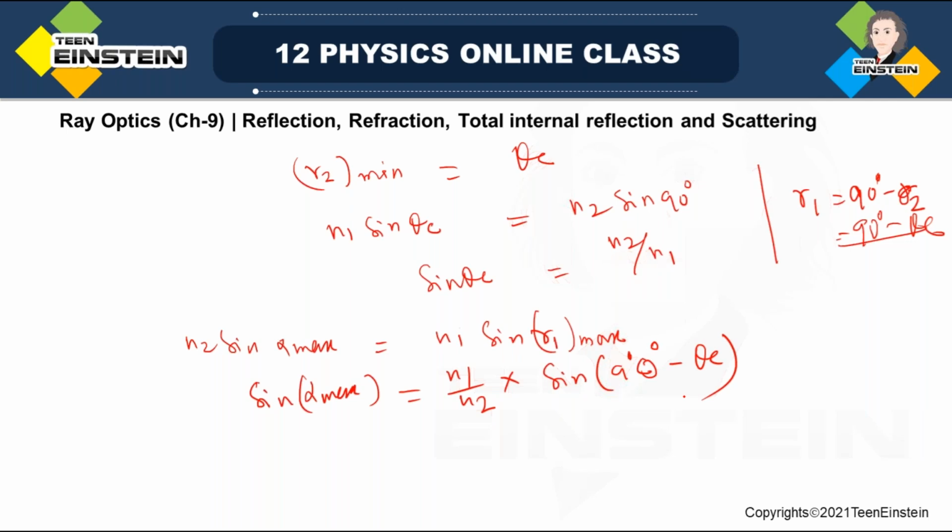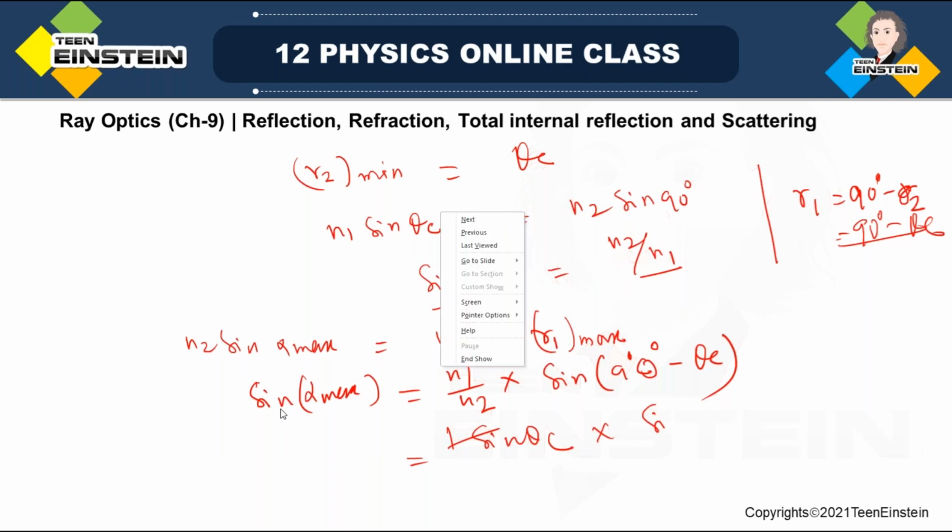Now we have got sine theta c is this. So n2 by n1 we can actually write, sorry, 1 over sine theta c, and this to be, in fact, we can write that as cos theta c.